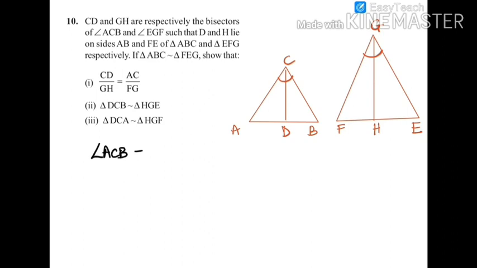Angle ACB is equal to angle FGE, as triangle ABC is similar to triangle FEG. So we can say that their corresponding angles are equal.